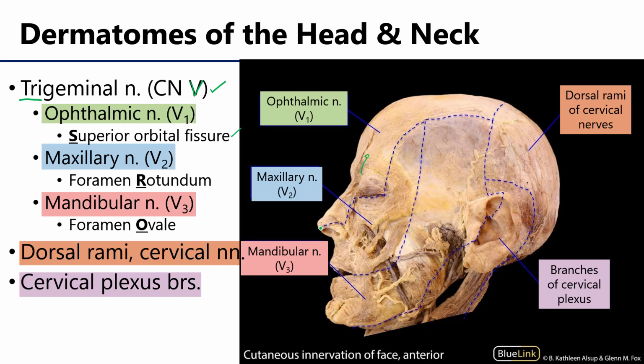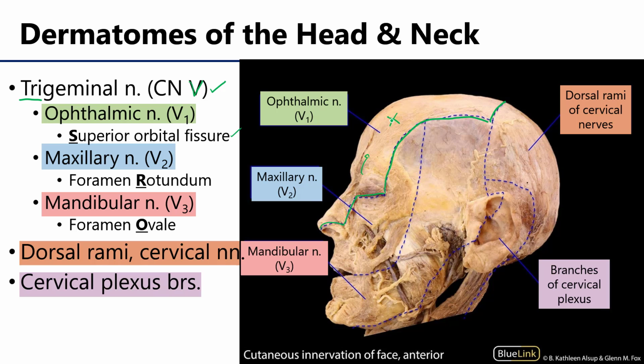So if we draw kind of a line over the ala of the nose up to the medial palpebral canthus, across the fissure, and then in an arcing line up over the distribution of the epicranial aponeurosis back to about here, we have the region served by terminal branches of V1.